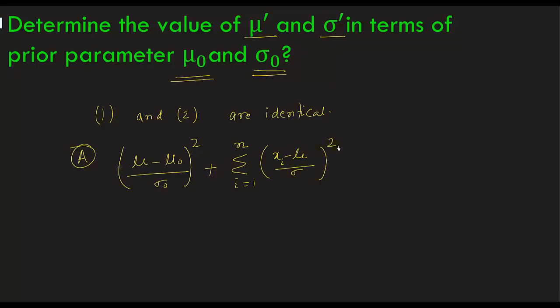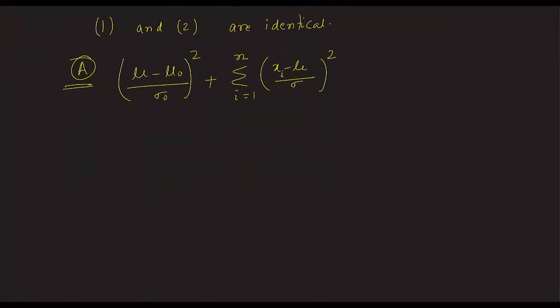So this is the term that you have in equation 1, that is term a. Now if I expand this term, if I take mu square, then I will have 1 by sigma naught square plus n by sigma square.